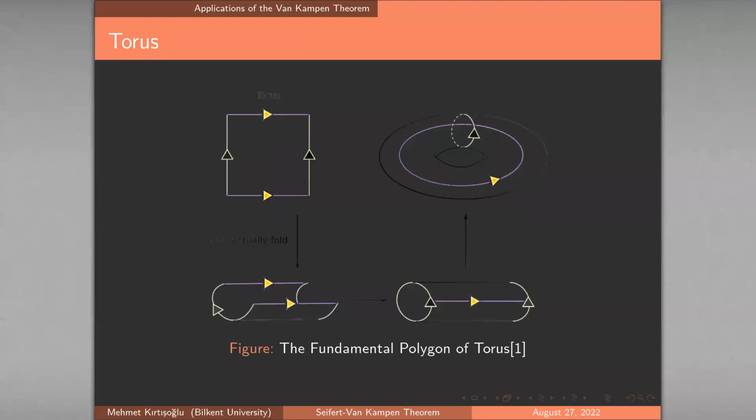What we need, we need two open sets that cover X. Let's say this is U, and this side is V. Let's say they have an intersection like this.